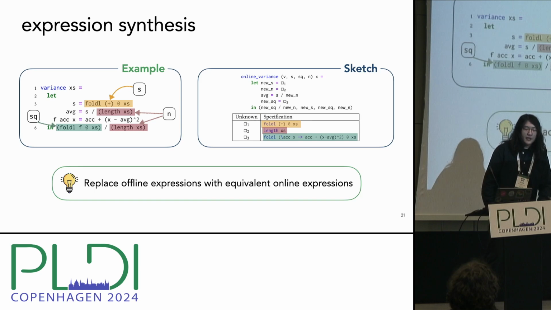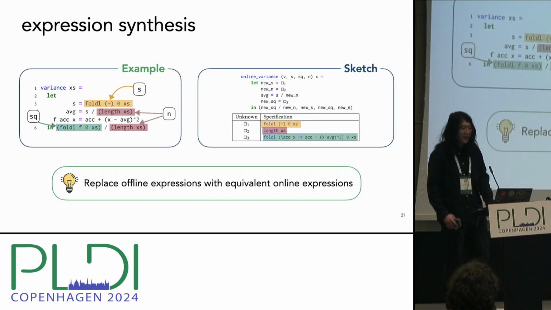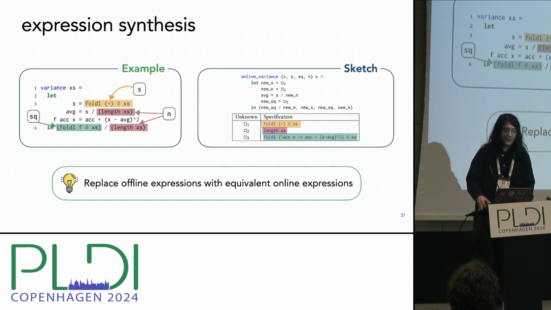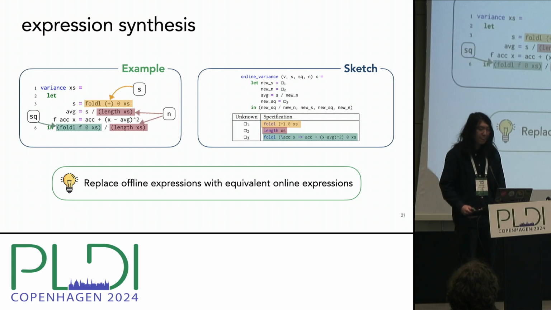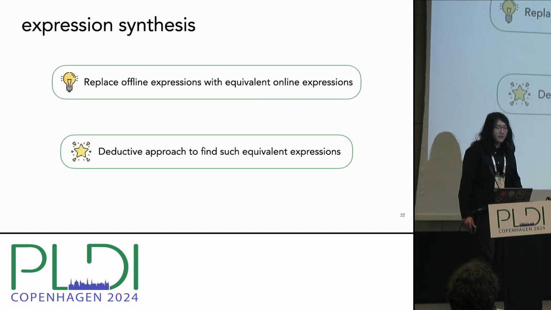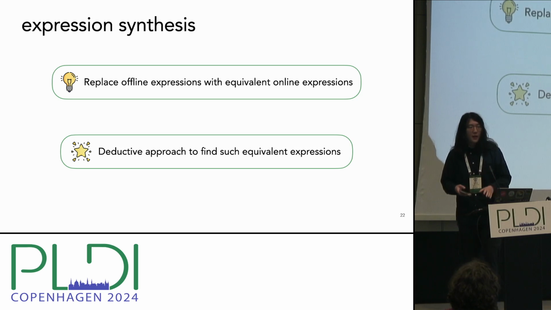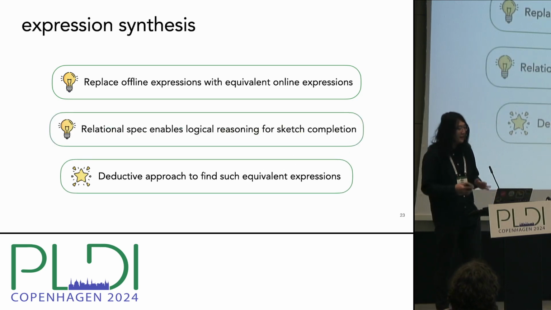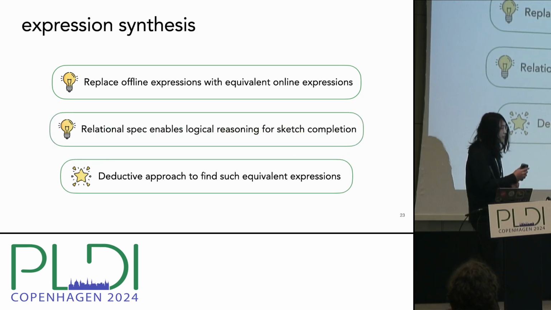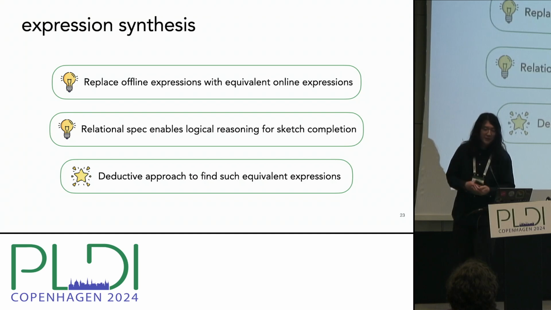And now we have a sketch, we can synthesize the expression. The high-level idea behind expression synthesis is that we will replace offline expressions with equivalent online expressions. And here, we will use the deductive synthesis approach to find such equivalent expressions. You might recall that the idea is the relational spec enables us to use logical reasoning for sketch completion.